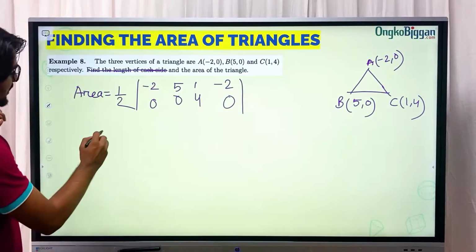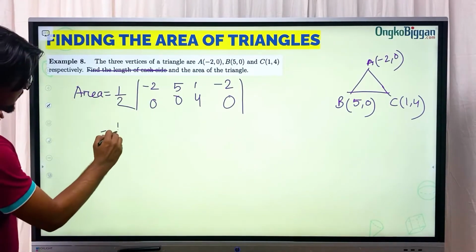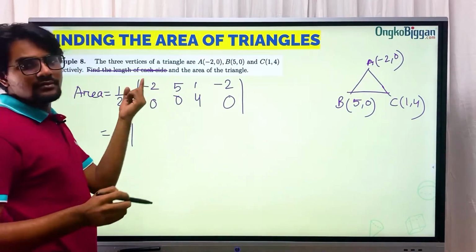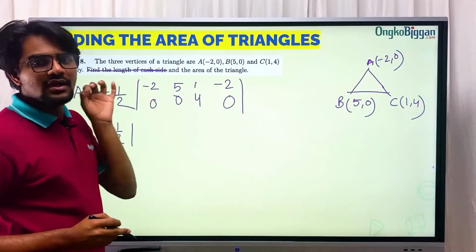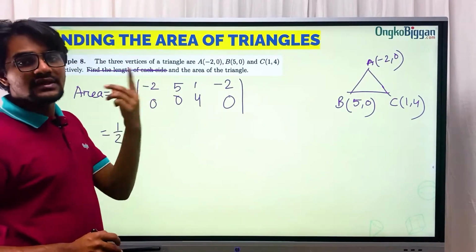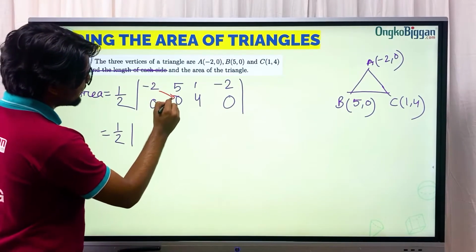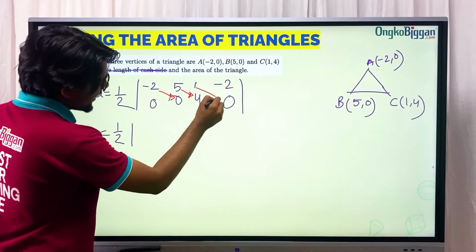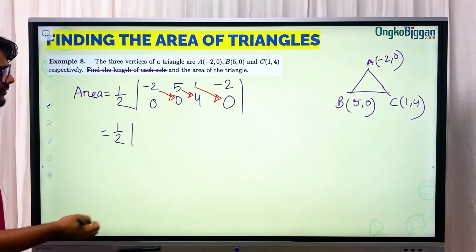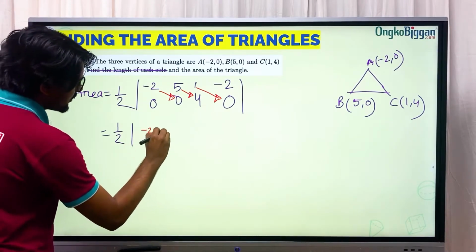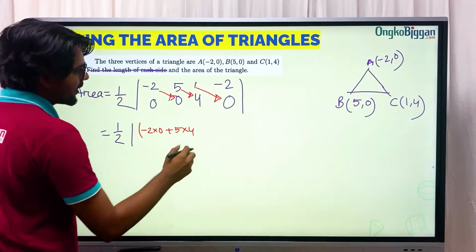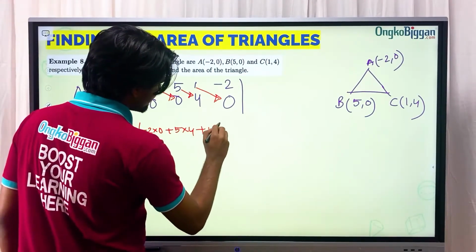So we are going to start with the diagonal values. First write the half here. Then we start by multiplying the x coordinate value with the diagonal value, that is the y coordinate of the second vertex. In this way we are going to multiply the values and write them. So -2 into 0 bracket plus 5 into 4 plus 1 into 0.